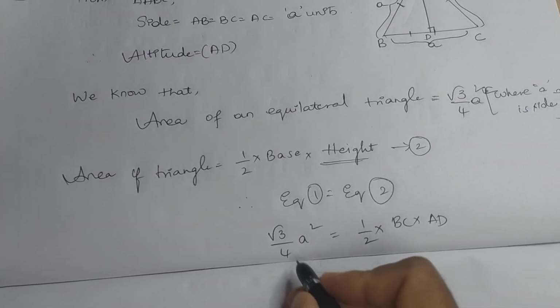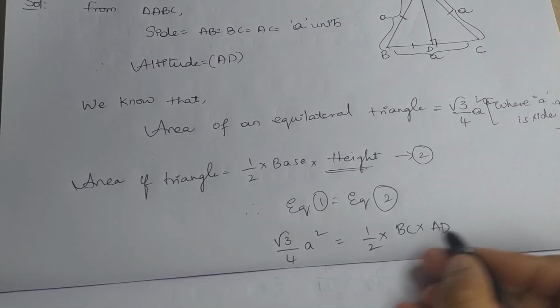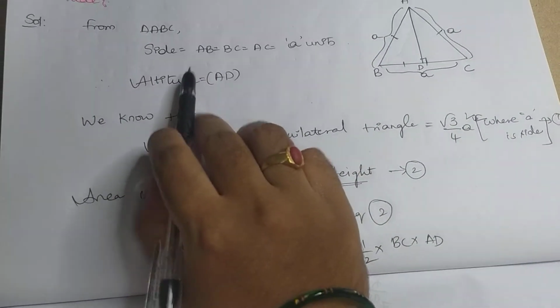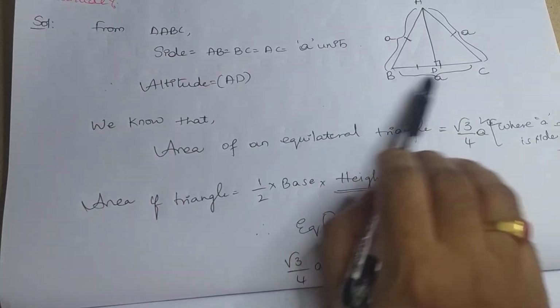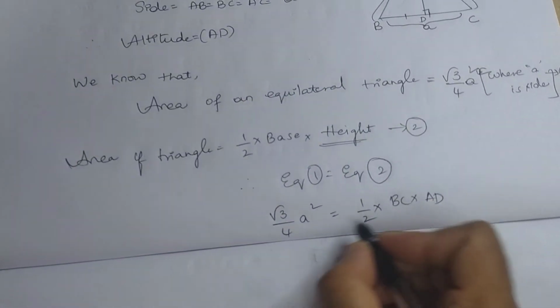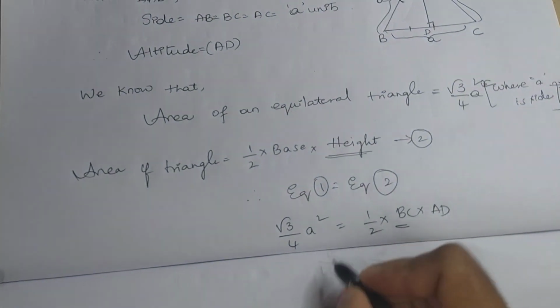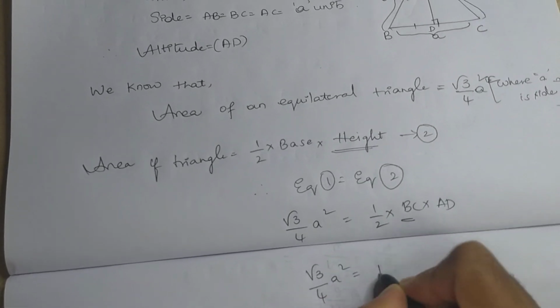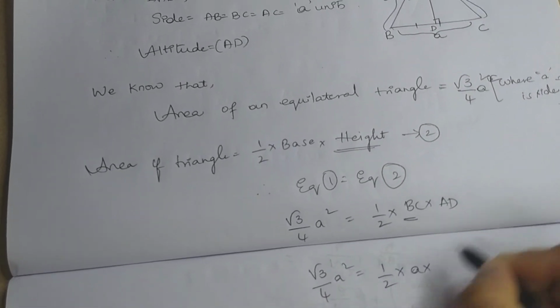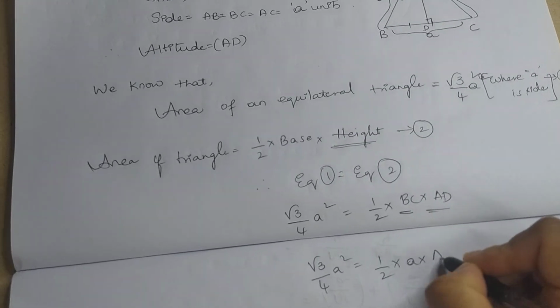So root 3 by 4 a square equals 1 by 2 into BC into AD. So we have taken here the three sides AB, BC, AC as a units. So what will I do? In the place of BC I am substituting a. Root 3 by 4 a square equals 1 by 2 into a into AD.